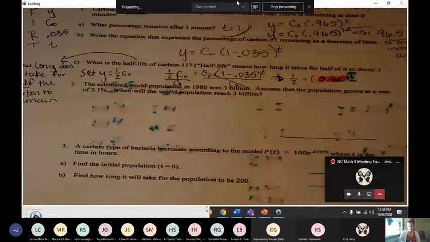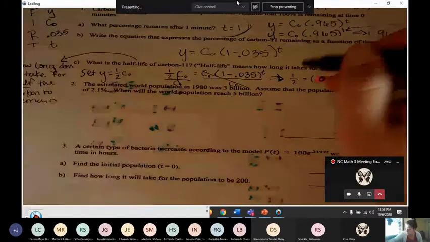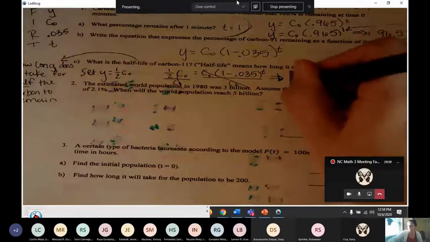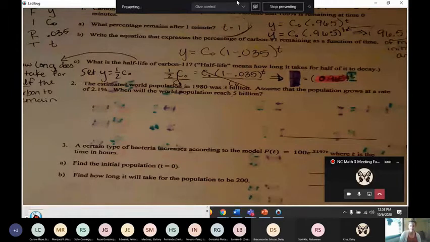And purple was my answer. I want to rewrite this as a logarithm so that I can isolate T.